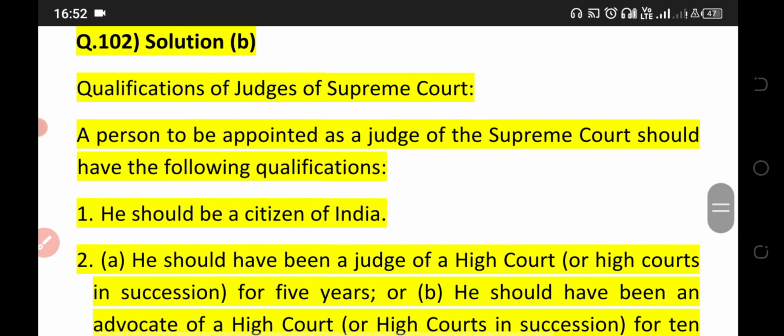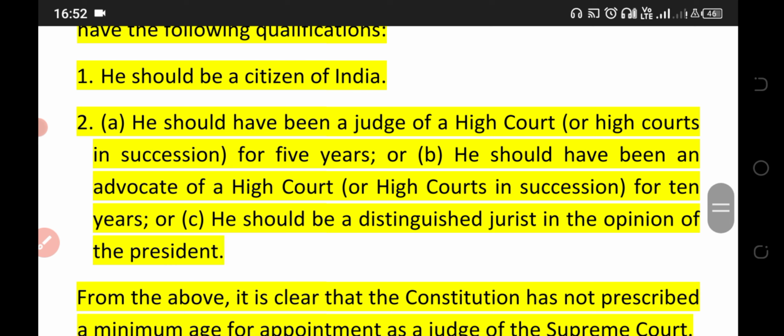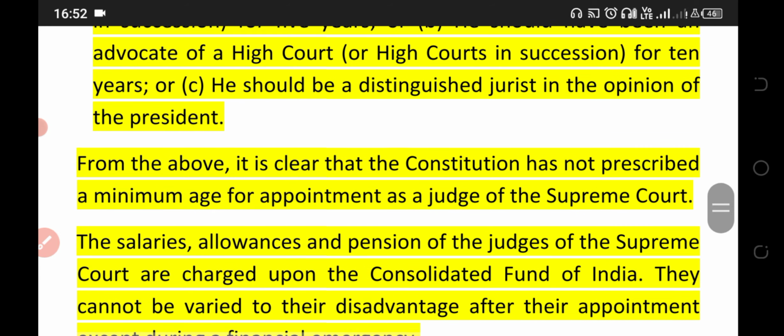You know about the qualifications for the Supreme Court. A person to be appointed as a judge of the Supreme Court should have the following qualifications. He should be a citizen of India. He should have been a judge of a High Court or High Courts in succession for 5 years, or an advocate of a High Court or High Courts in succession for 10 years, or a distinguished jurist in the opinion of the President.